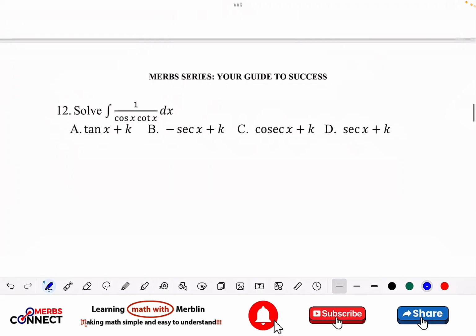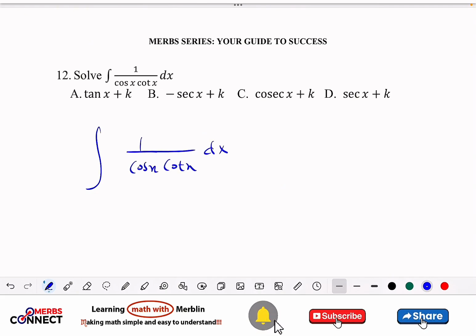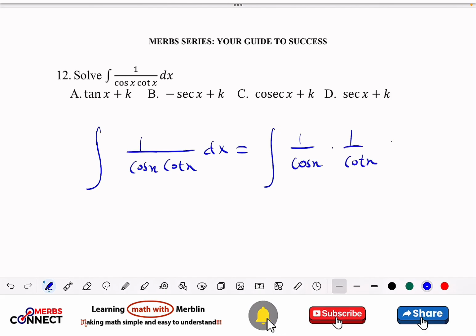Let's look at question 12. So question 12 is so interesting. 1 divided by cos x, cot x dx. I can write this as 1 divided by cos x times 1 divided by cot x dx.